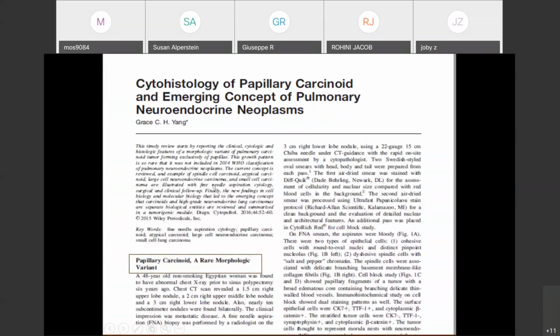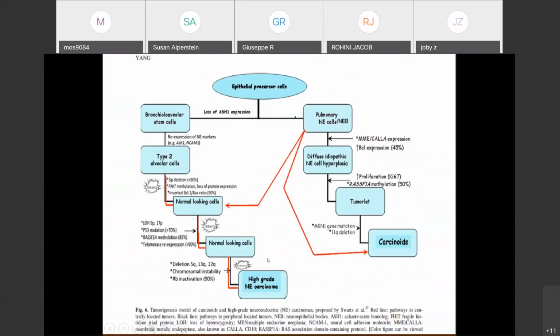So I wrote a paper to show this case, a rare morphological variant. And so this is carcinoid. It goes to a totally different pathway from high-grade neuroendocrine carcinoma.